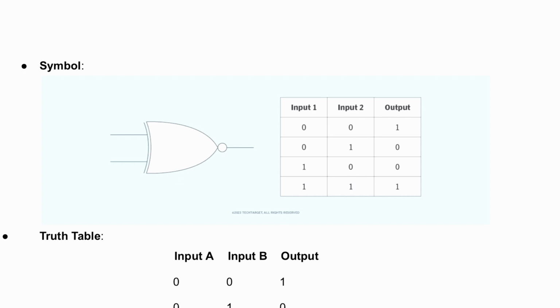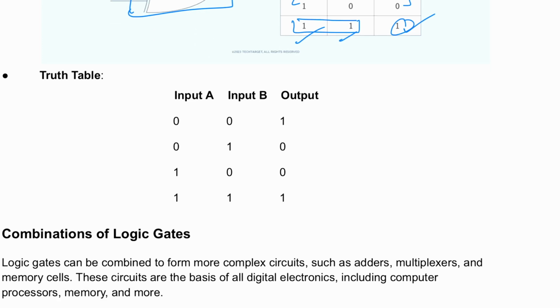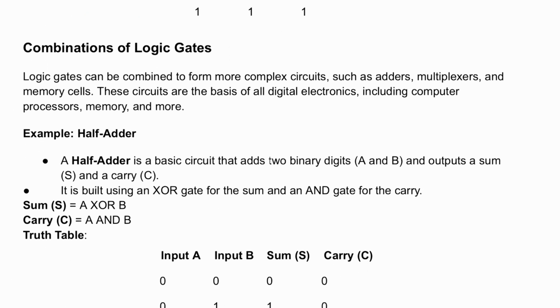What here it says is that if both the inputs are same, then the output is 1, else the output is 0. There it was talking about exactly one, here it's talking about both the inputs. If both the inputs are same, the output will be 1, else 0. This is the XNOR gate symbol, and this is the truth table.